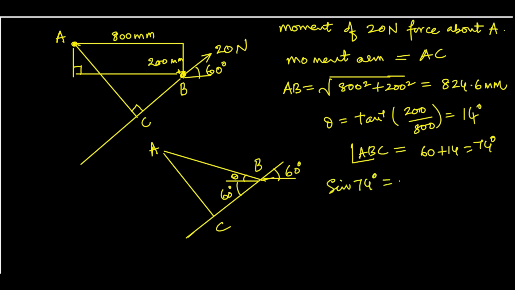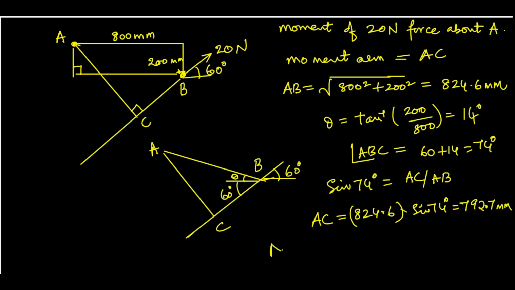Sine 74 degree is AC by AB. AC is 824.6 times sine 74, this is 792.7 mm.